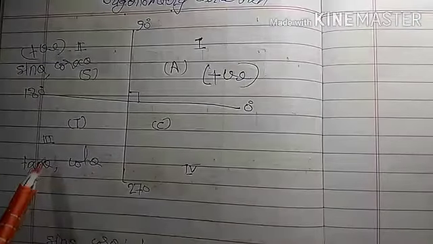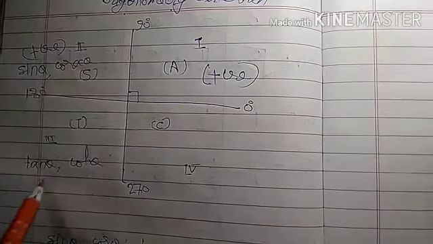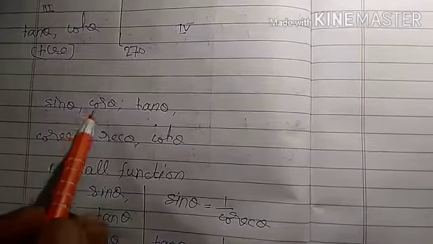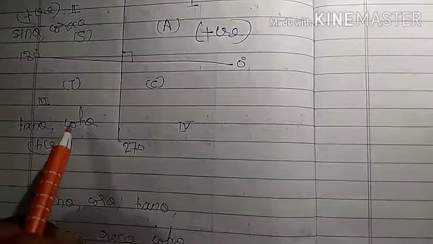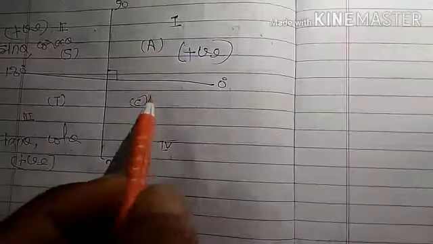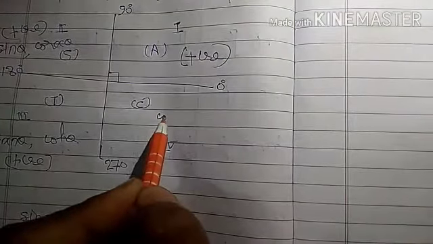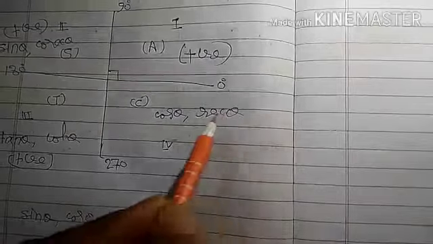So in the third coordinate, tan theta and cot theta are positive, and the other 4 functions, that is sin theta, cos theta, cosec theta, sec theta, are negative. The fourth coordinate, that is C for cos theta, and the reverse of cos theta, that is sec theta.